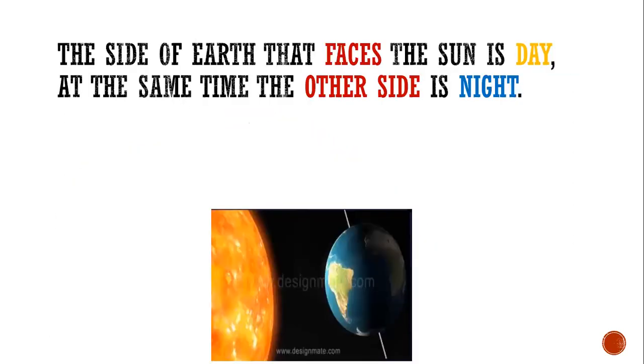Of course, the side of the earth that faces the sun, which is this part, is called day. And the other side of the axis, which I imagined, is not facing the sun, it is night. Again, what causes day and night is that the earth is rotating, it is spinning around itself.